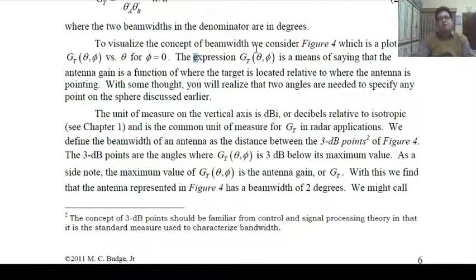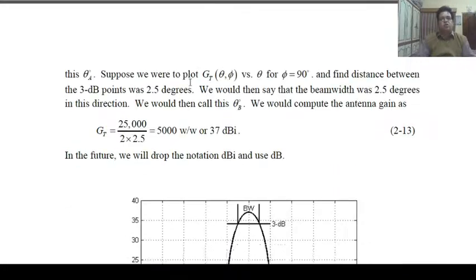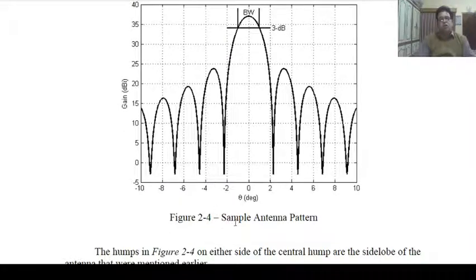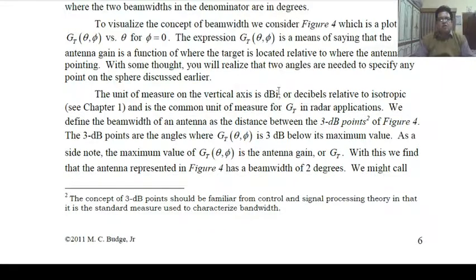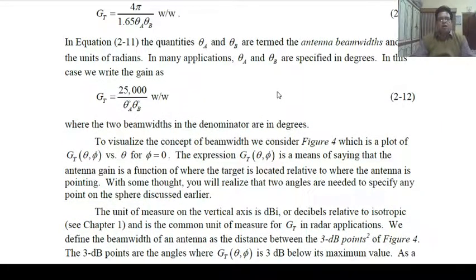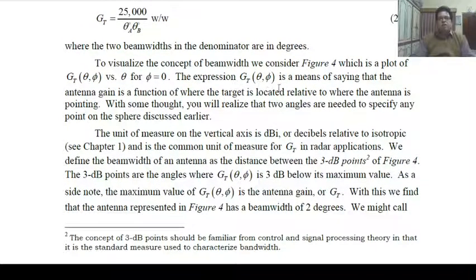To visualize the concept of beam width, we consider figure 2.4, which is a plot of G_T versus theta for phi equal to 0. This is the simple antenna pattern, gain versus theta. Here the beam width is 3 dB that we consider. The expression G_T is a means of saying that the antenna gain is a function of where the target is located relative to where the antenna is pointing.